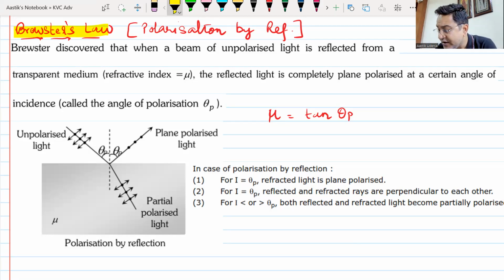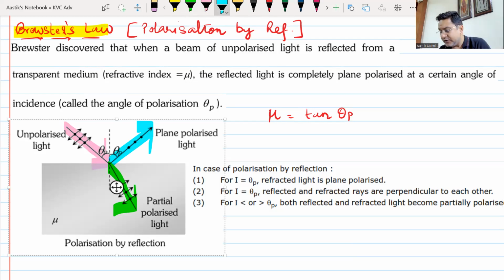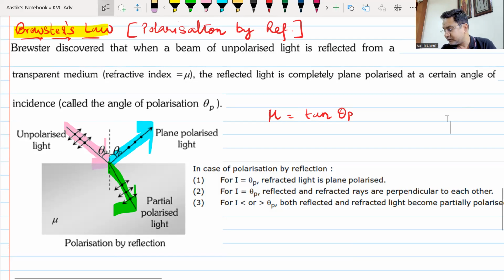I'll just make you understand. Here what you see is an unpolarized light falling on a boundary between two mediums. Do you understand this? Yes. At different angles of incidence, you will have one light which is refracted, and you will have one light which is reflected. Yes or no? Some part of light will be refracted, some part of the light will be reflected. Do you understand this? Yes.